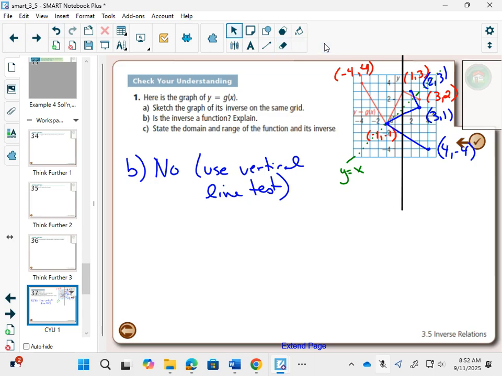Okay, so not a function, use the vertical line test. If you had to explain it and you just said use the vertical line test on the final exam, they would be like, do you really know what that is? You didn't really explain what that means.